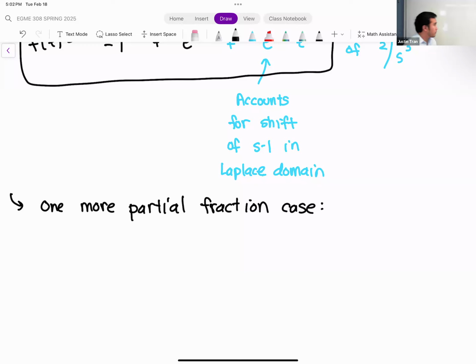And so this last case is going to account for situations where you cannot factor, or cannot break up, a quadratic term in the denominator.